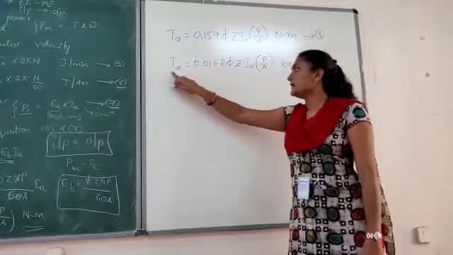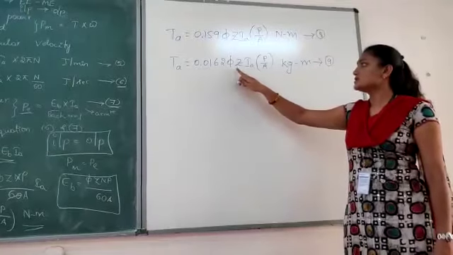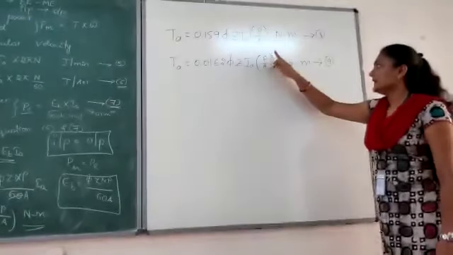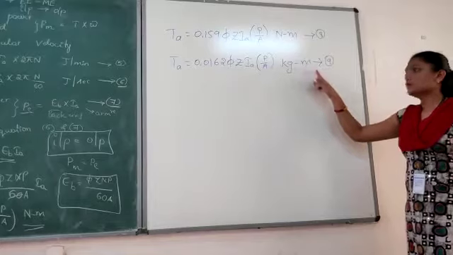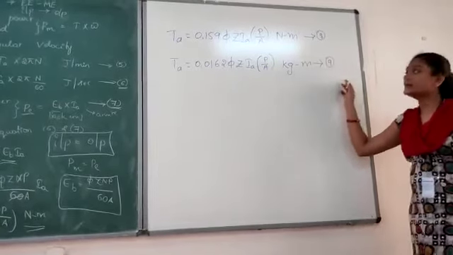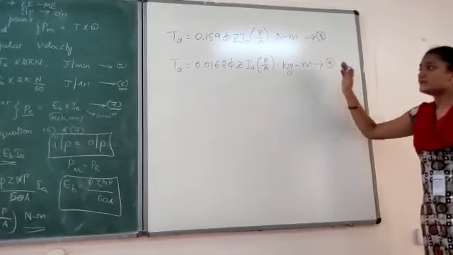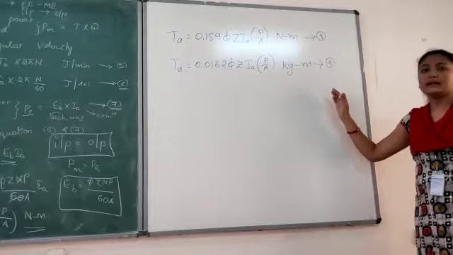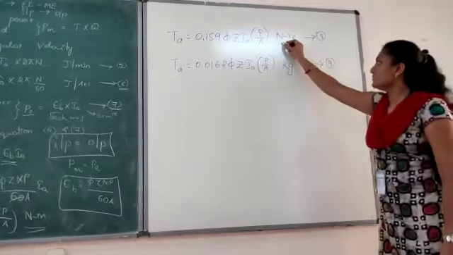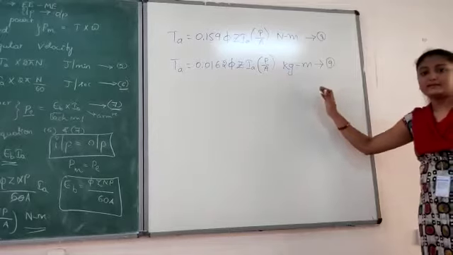Therefore, the total armature torque is equal to 0.0162 phi Ia into P by A in terms of kg meter. I am calling this equation 9. Equations 8 and 9 represent the final equations of total armature torque in Newton meter and in kg meter respectively.